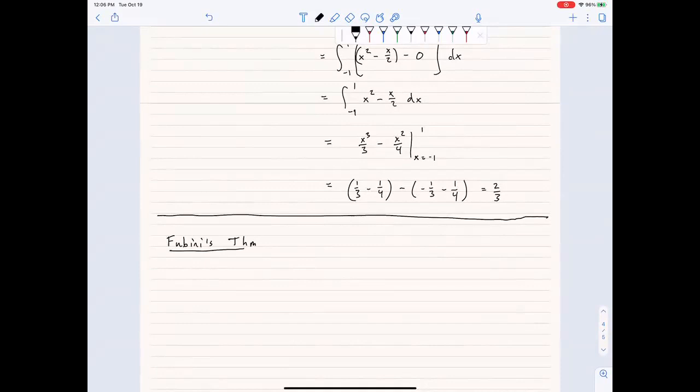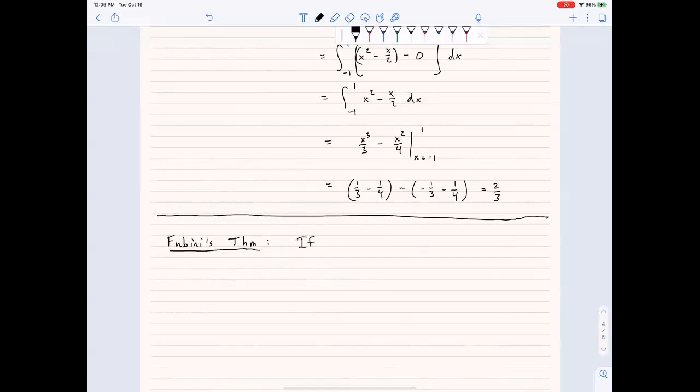There are versions of the fundamental theorem for multivariable calculus that we'll get into, but Fubini's theorem allows us to actually compute double integrals, triple integrals, and so on. Without it, it would be impossible to get any numerical results.